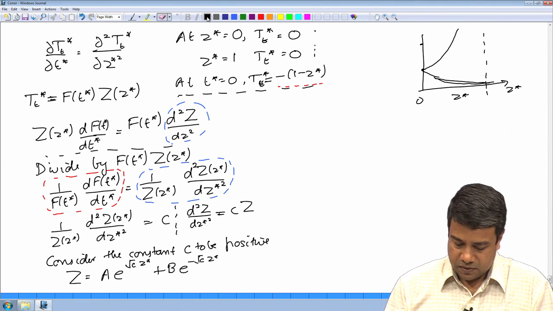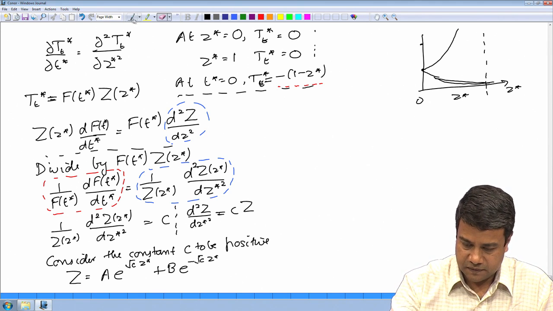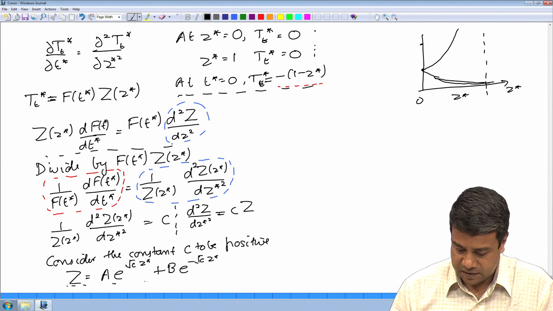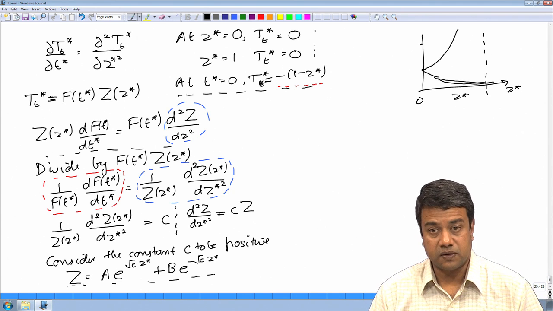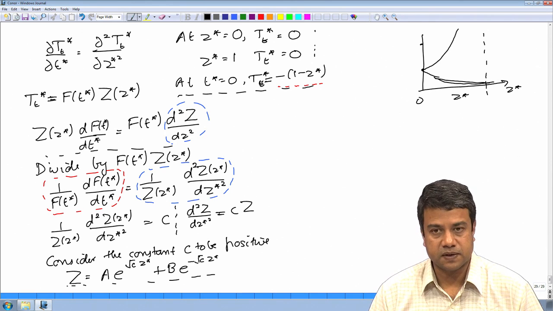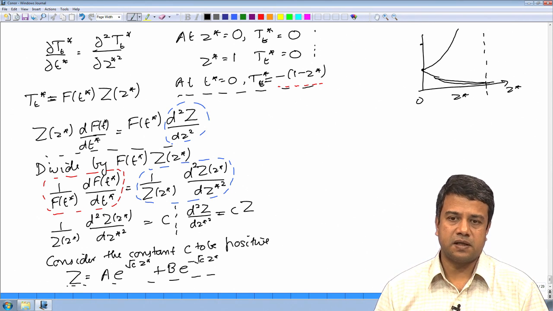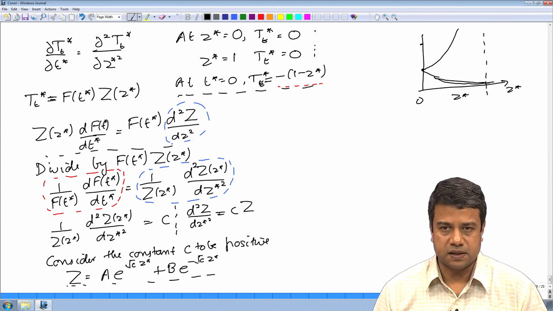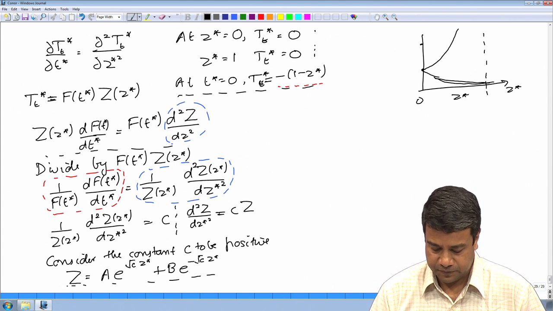In that case, the solution for Z is of the form of exponentials, a e power square root of c times Z star plus b e power minus square root of c times Z star. So, it consists of an exponentially increasing and an exponentially decreasing function, a linear combination of those two.